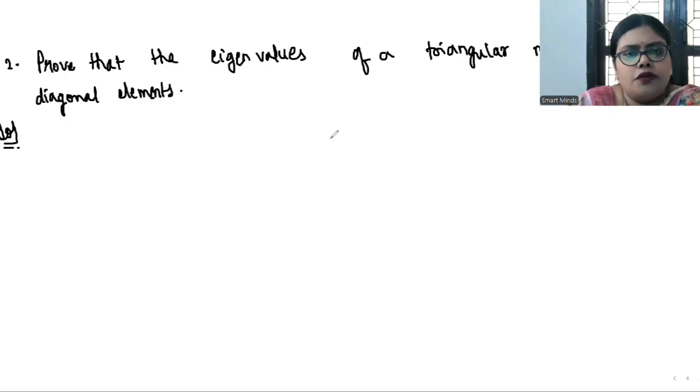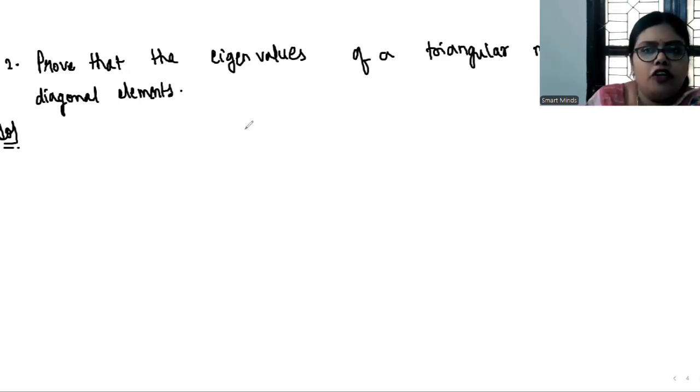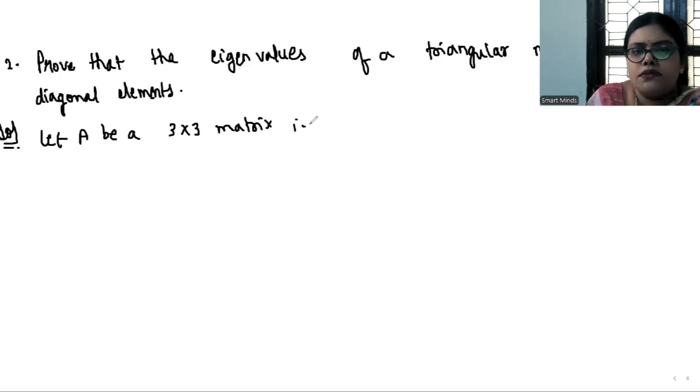Take the next question. Prove that the eigenvalues of a triangular matrix are its diagonal elements. So this is a theorem kind of question. Okay, we need to prove that eigenvalues of a triangular matrix are its diagonal elements. So let A be a 3 by 3 matrix, which has 3 rows and 3 columns.